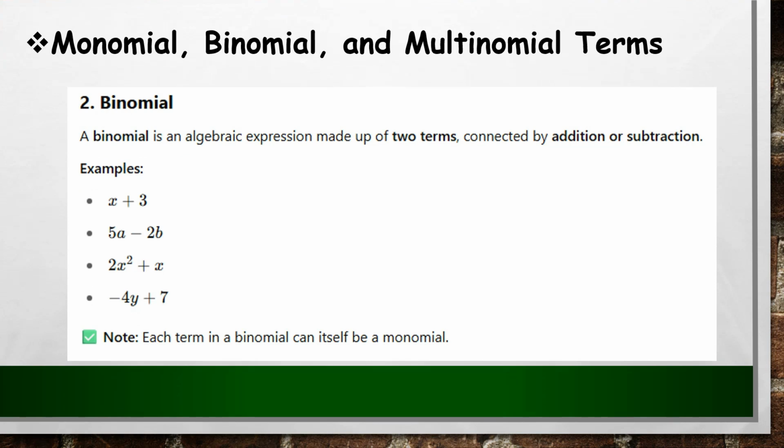For the binomial, we have two terms. So each term in a binomial can itself be a monomial. So meaning, if we consider this, that's a monomial. But if we consider the 2, then that means it's a binomial. And they are separated by either a plus or a minus.